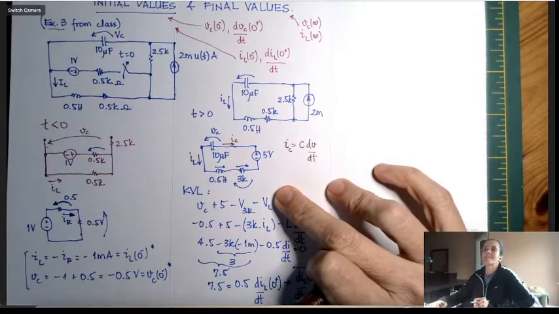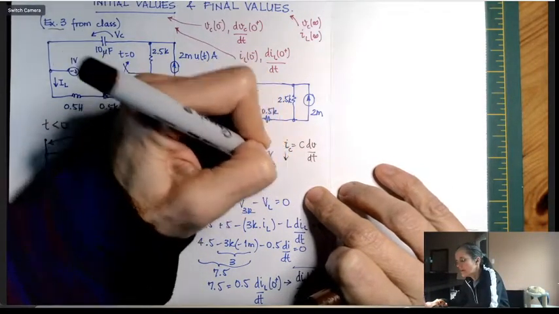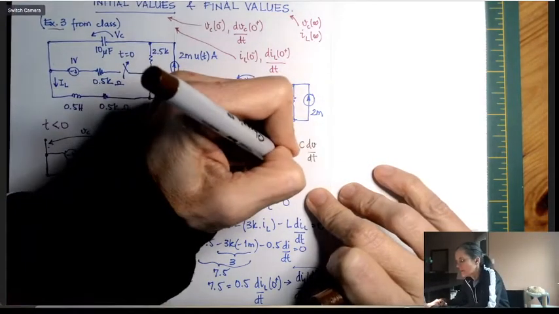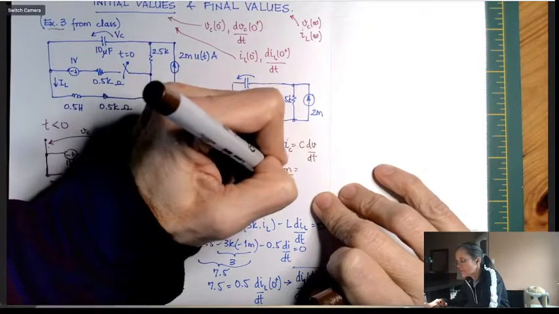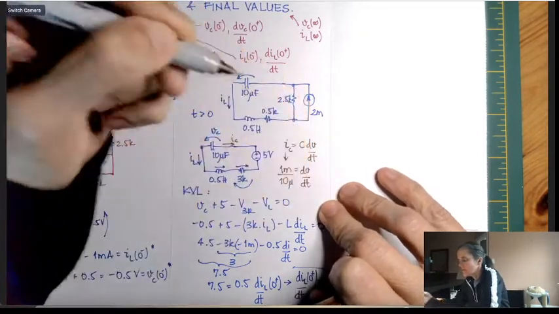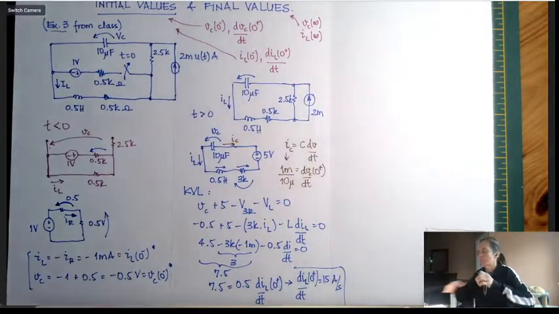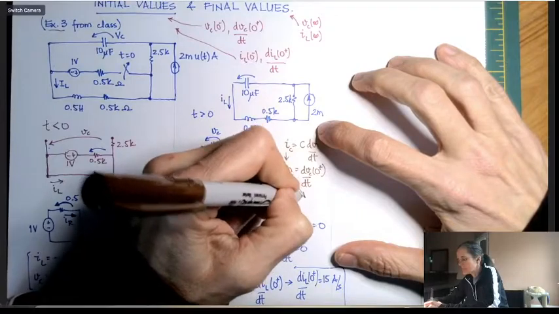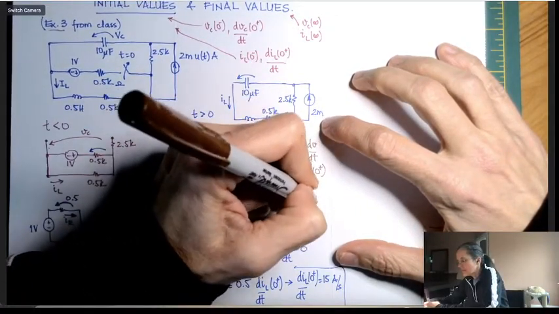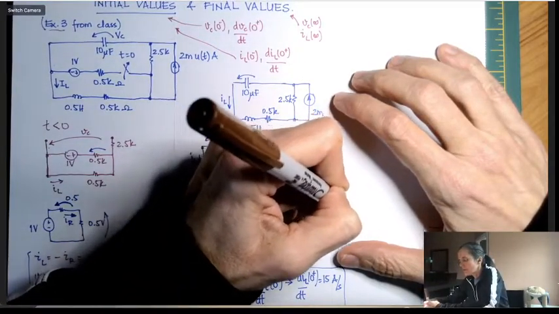But now IC is minus IL, so I need to write here 1 milliamp, because IL is minus 1, equals C dV/dt at 0 plus. And that means dVC/dt at 0 plus is 100 volts per second.